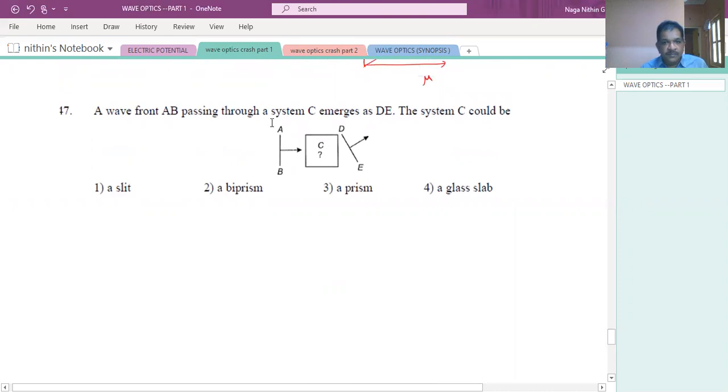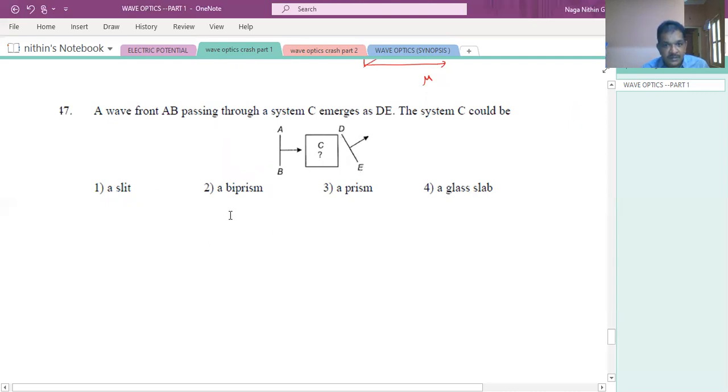Question: see, this is one wavefront, AB. Here one object is there. It may be a slit, a biprism, a prism, or a glass plate. Then from this plane wavefront, after passing through it, it came out as DE.